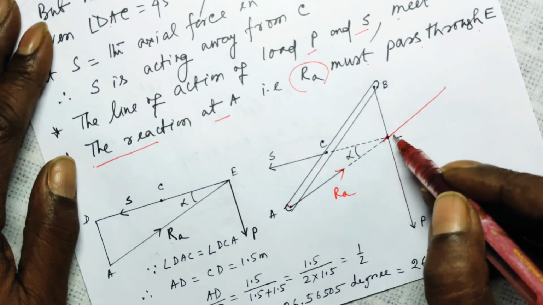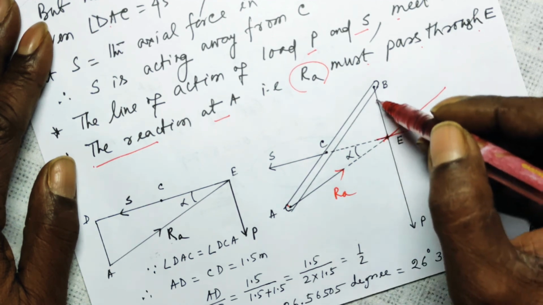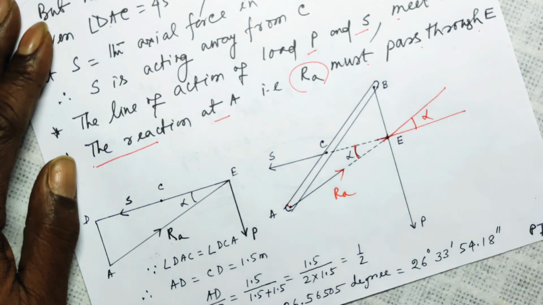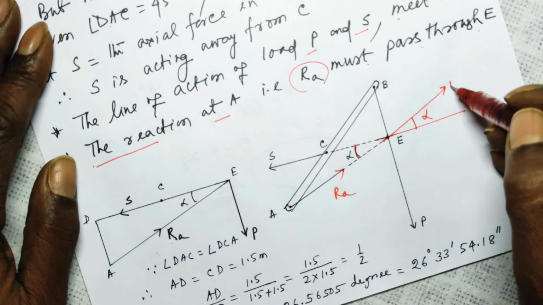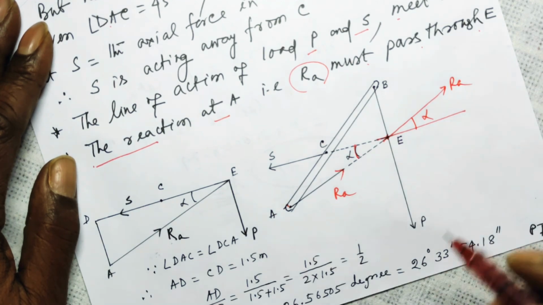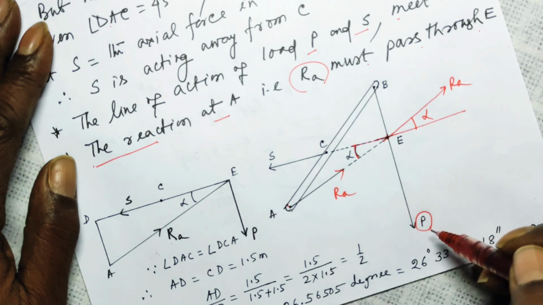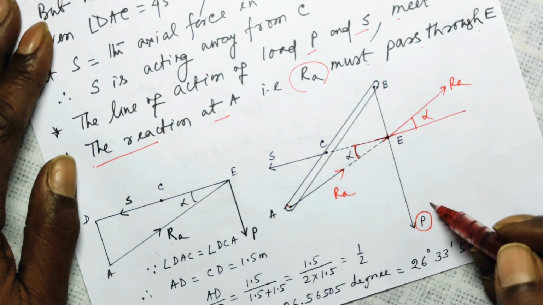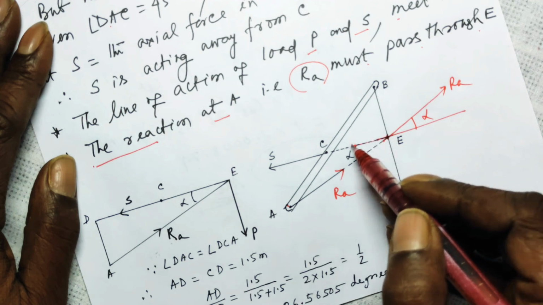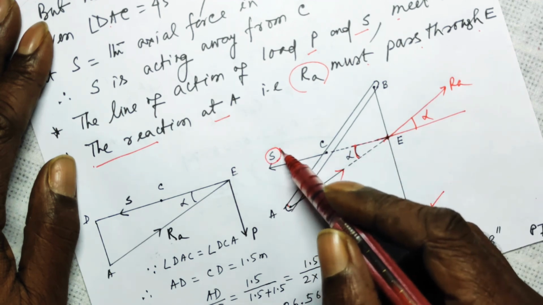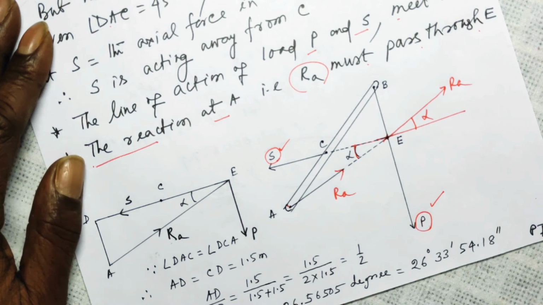If you draw here the x-axis and y-axis, let this angle be alpha. So this angle will also be alpha, being vertically opposite. This will be your RA. So if you draw this as x-axis, this as y-axis, your P is completely along y-axis, so this will not have an x component. S is completely along x-axis, so this will not have a y component.